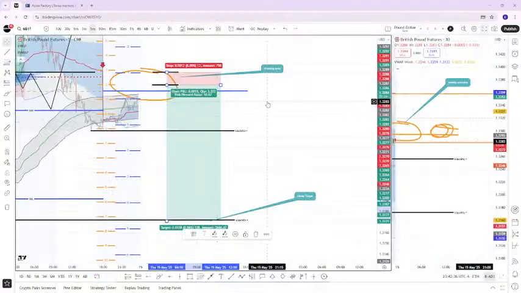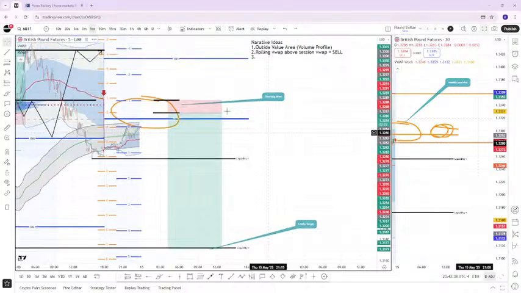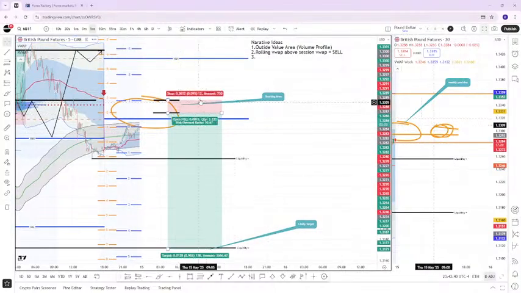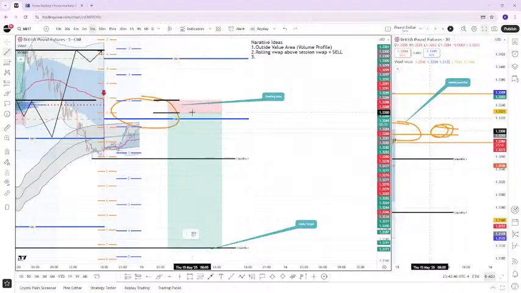So if we're looking for upside, it would also be this level that's a break into, and this would be the time from 8 till 9:30.